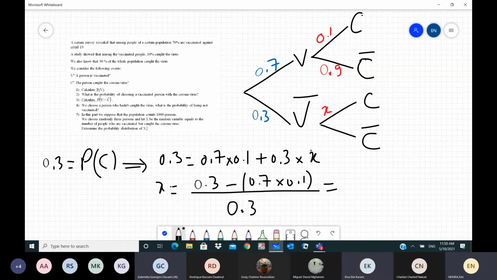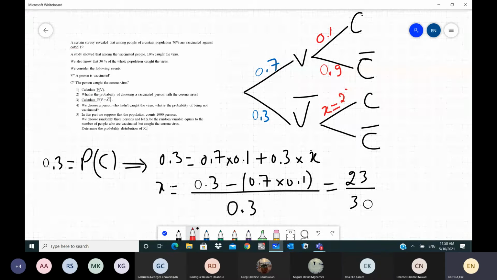Say again. 23 over 30. Did you understand? Yes. So here you recopy it and you do 23 over 30. Without any reluctance, the bottom one is 7 over 30. Understood?